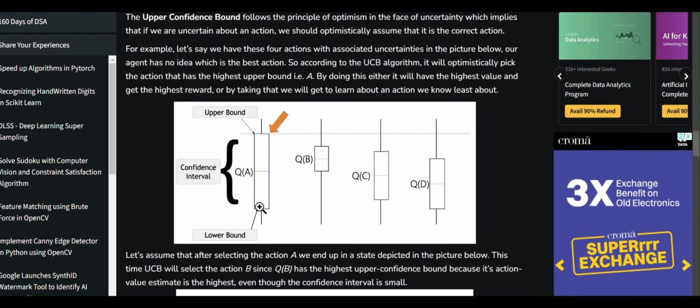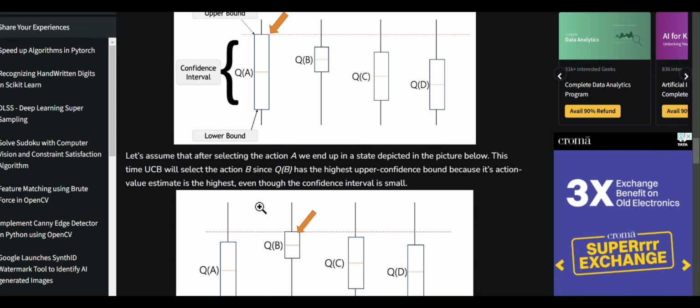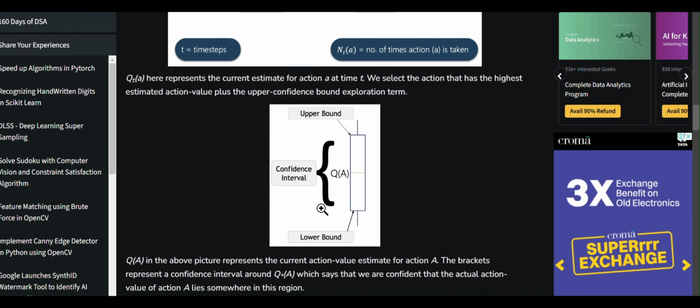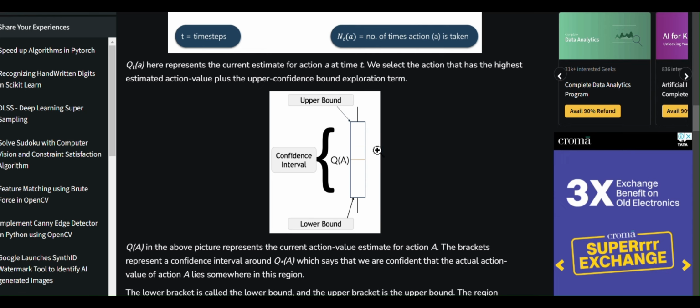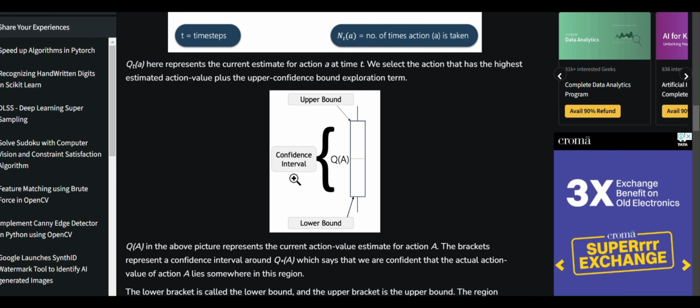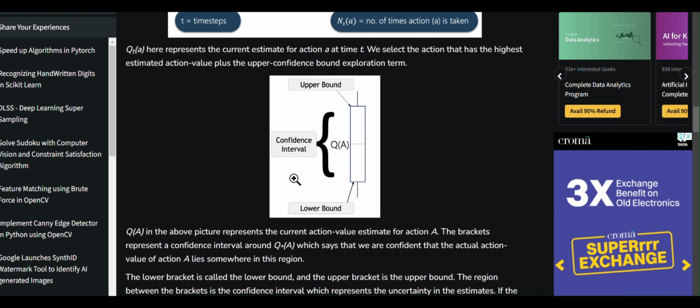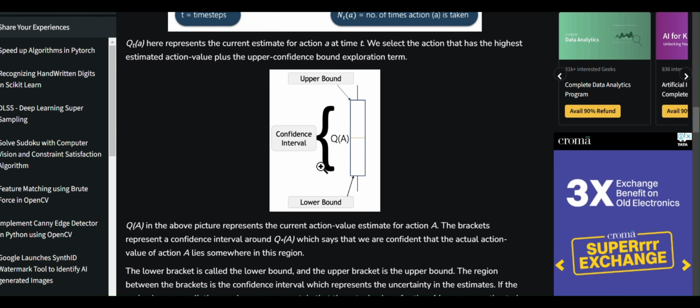The confidence interval means we are so confident that the actual value of an action, the Q of A, will lie in this region. That indicates the confidence interval. So if the confidence interval level is low, then it becomes very certain that the actual value of action A is our estimated value.